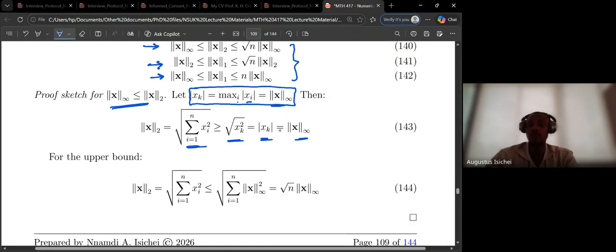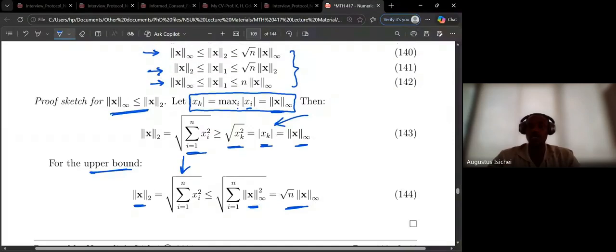We know already that the infinity norm is defined as the maximum absolute value of the x_i's, right? Now looking at it from the upper bound, the norm of x subscript 2, starting from the Euclidean norm, is less than or equal to the square root of the summation of the infinity norm squared, where i starts from 1 to n, and that equals the square root of n times the infinity norm. All right, that's how we come to the end of this proof.